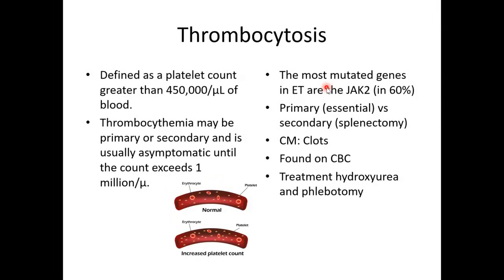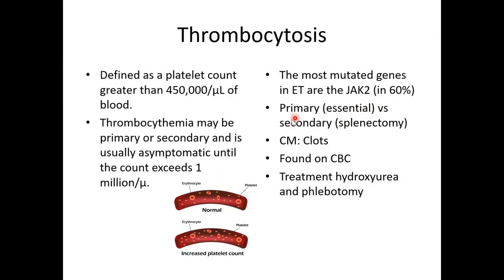And remember, the JAK2 gene can be present in somebody who has thrombocytosis, and in somebody who has polycythemia vera. So JAK2 is a gene present in somebody who has polycythemia, too many red blood cells, and thrombocytosis, too many platelets. It's kind of helpful to know that it's a common gene that's tested for.